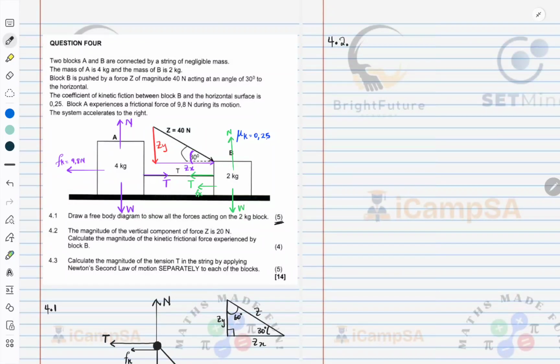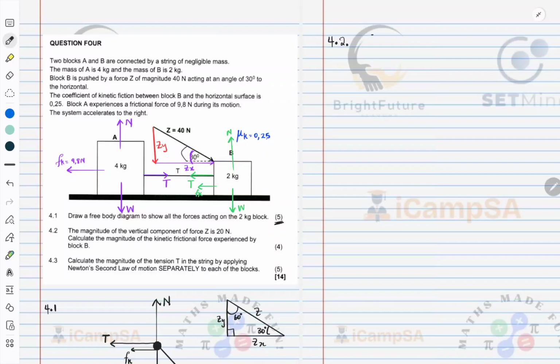In 4.2, we are required to find the magnitude of the kinetic frictional force experienced by block B, given that the vertical component of force Z is 20.